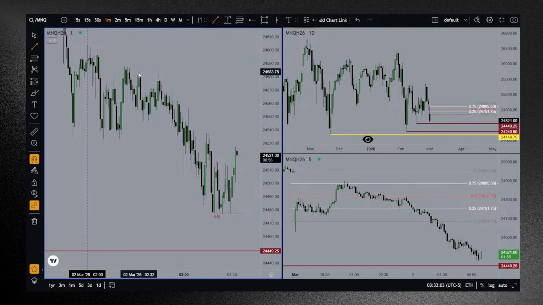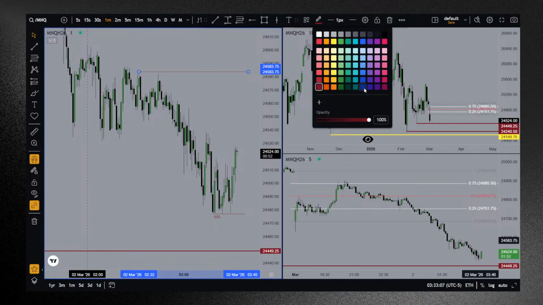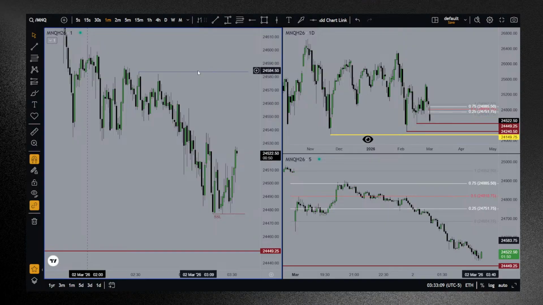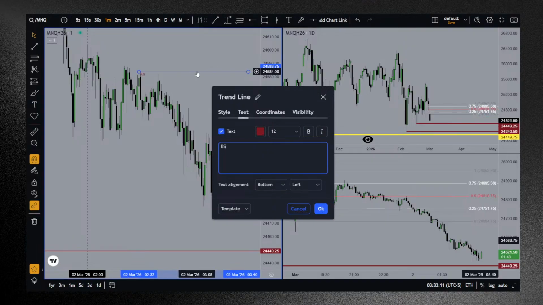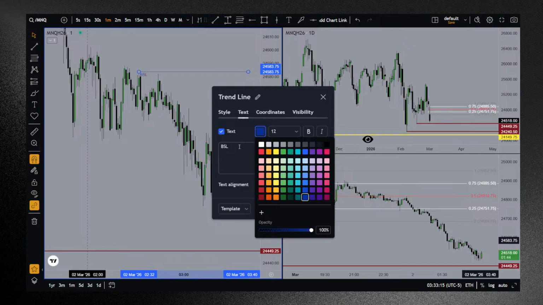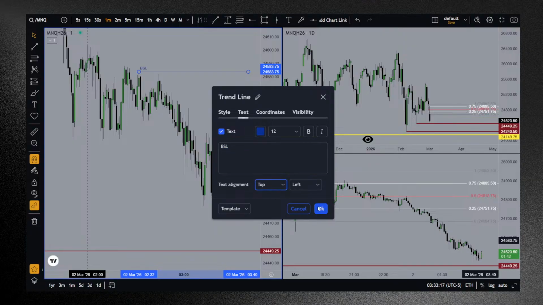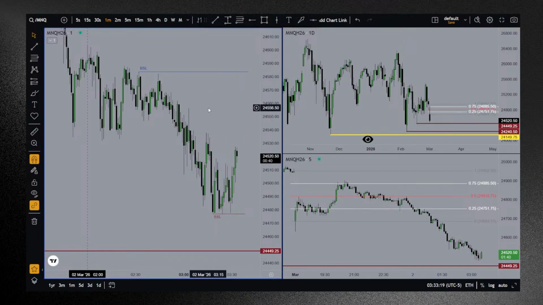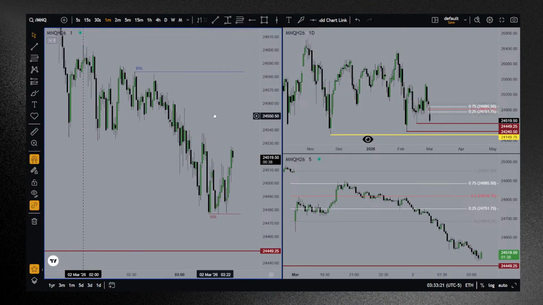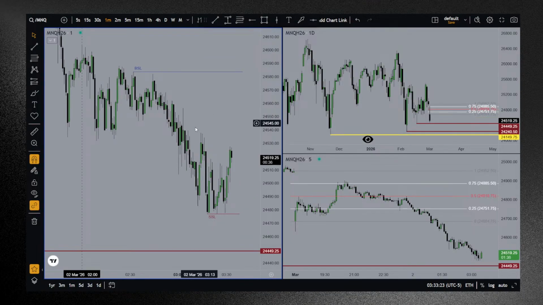What I like is those relative equal highs here. So there is some buy side liquidity that I can measure. So far we absorbed a lot of sell side.